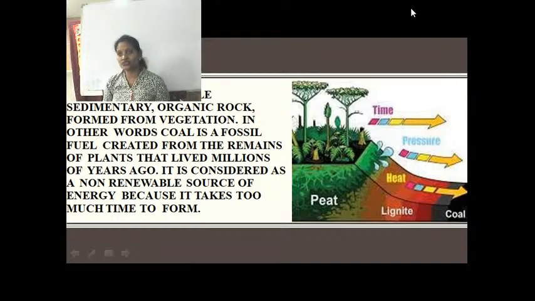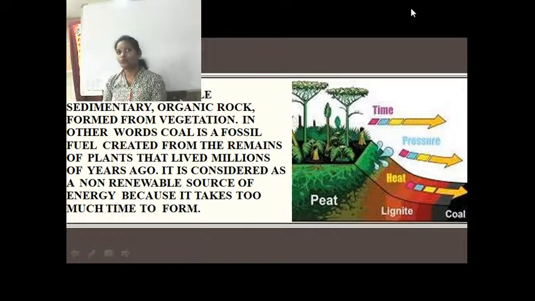The first step is where the organic matter is compressed and coal is formed, and from the peat stage it continues on to the formation of the advanced or pure form of coal. You can see it from the diagram.